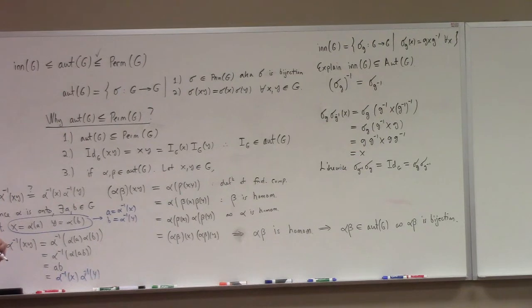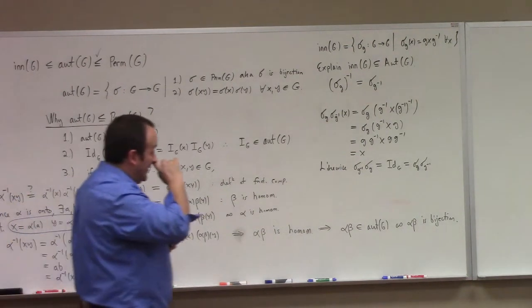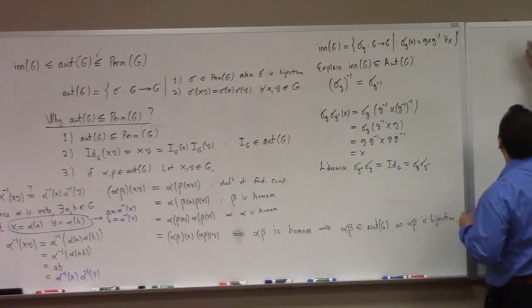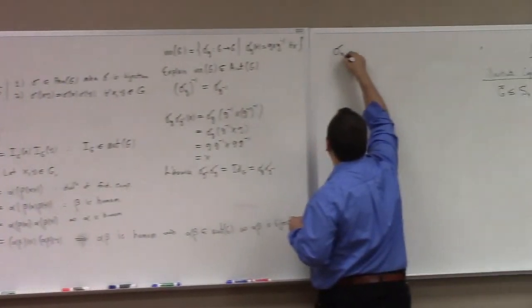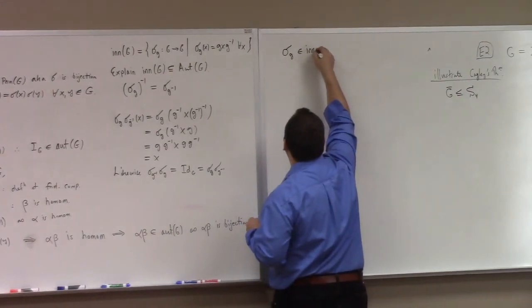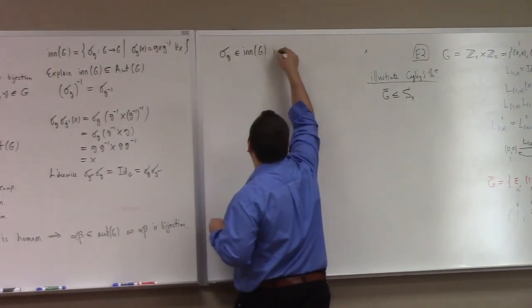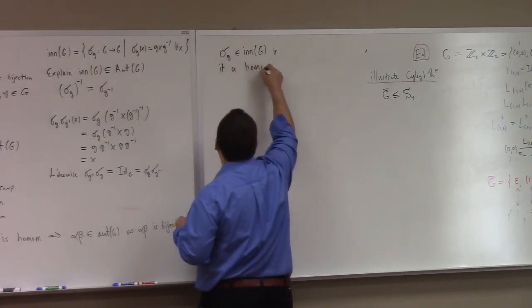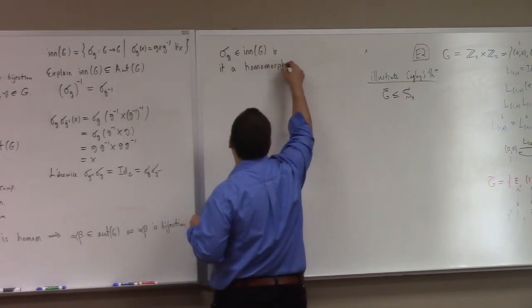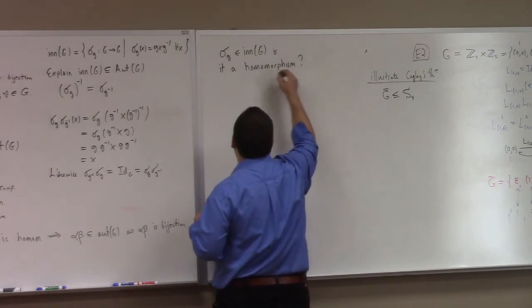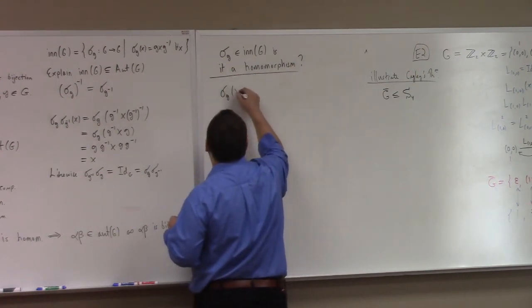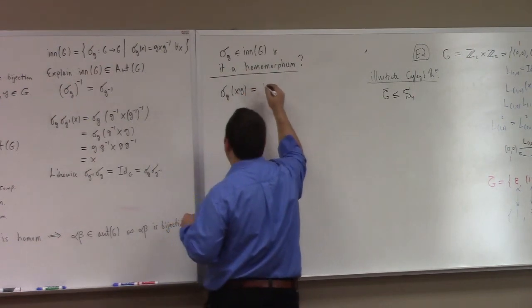It remains to show that they're actually homomorphisms. So now we should show that if we pick sigma g, an element of Inn(G), is it a homomorphism? What do we need to check? x, y, right?